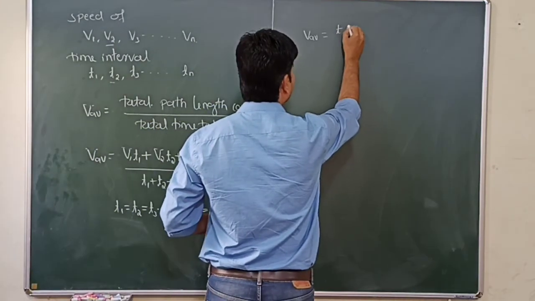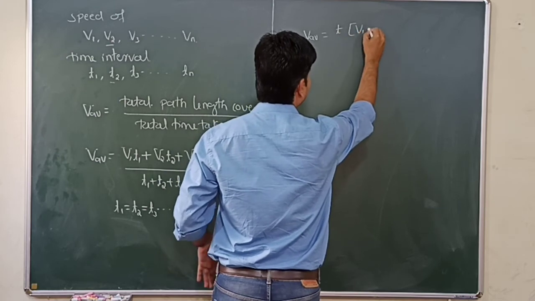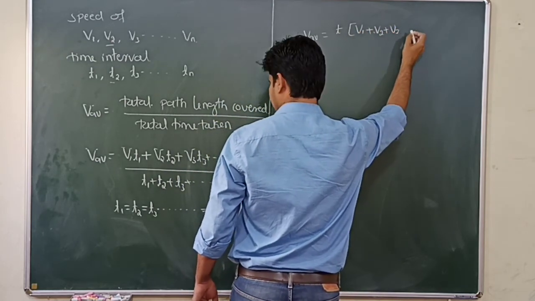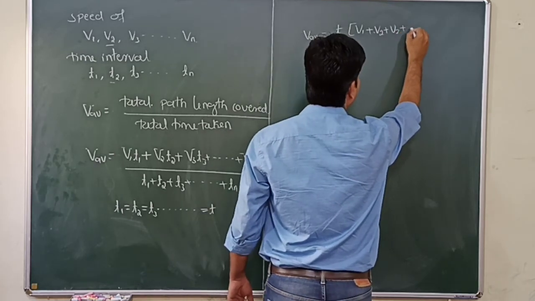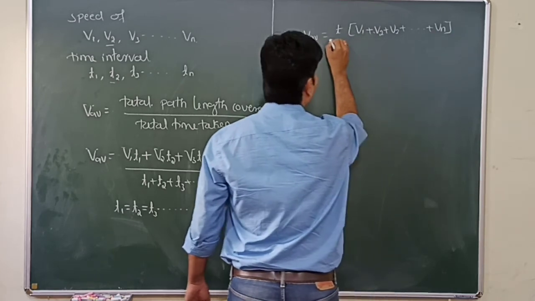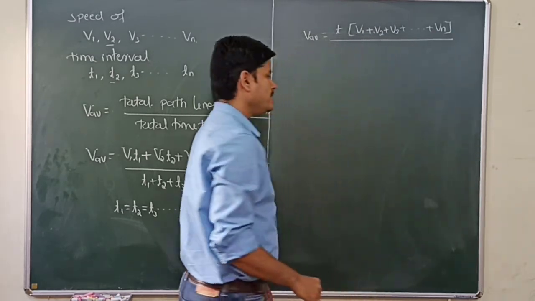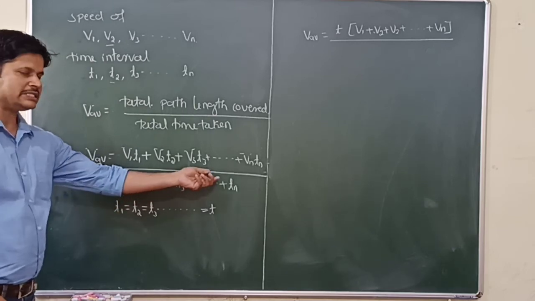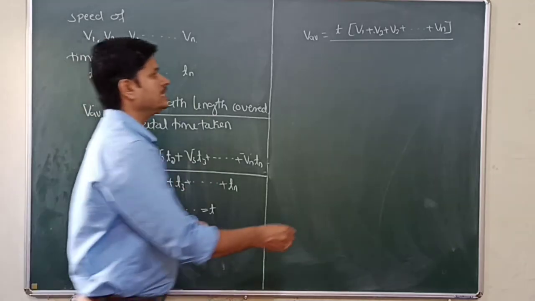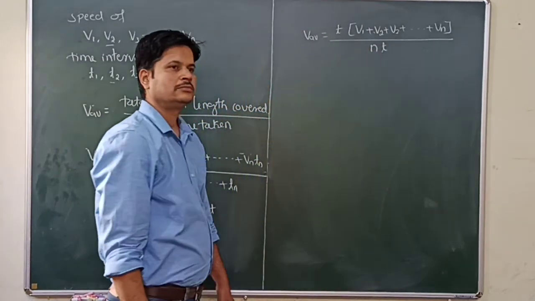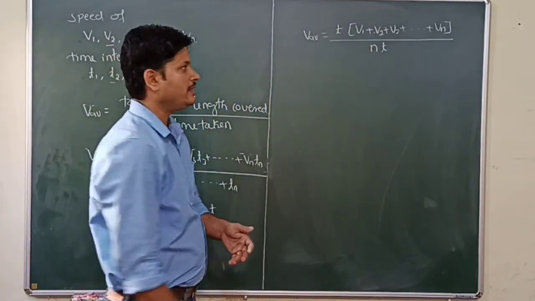What are the remaining terms? v1 plus v2 plus v3 plus so on vn, whole divided by t plus t plus t plus so on, that means n times t.